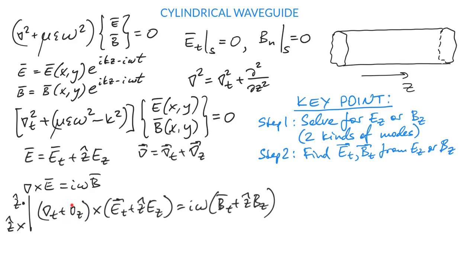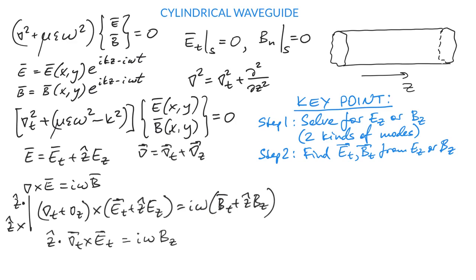So this means this part drops out and this part drops out. So what remains is just z dot (del_t cross E_t) equals i omega B_z, because dotting with z destroys the transverse part. So this is the first equation that we obtain.